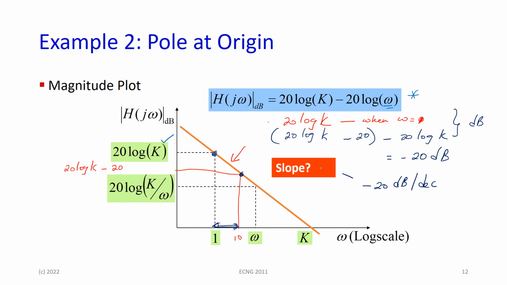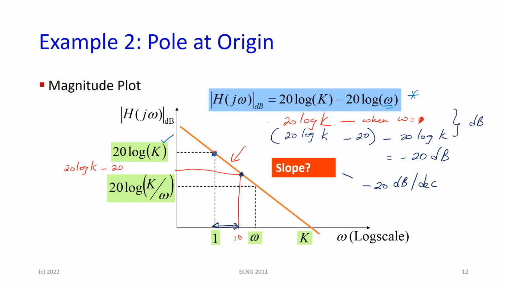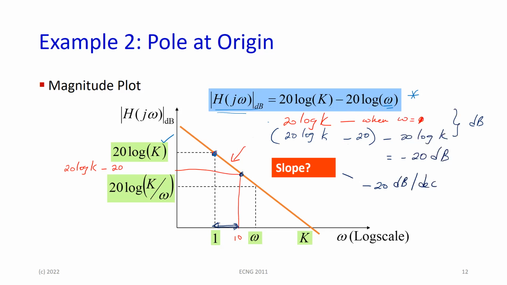Let's go up by a decade. So let omega now be equal to 10. When omega is 10, the magnitude of the response is 20 log K minus 20 log of 10. Log of 10 is 1, so this will just be 20 log K minus 20. That's this point here. So what is the slope?